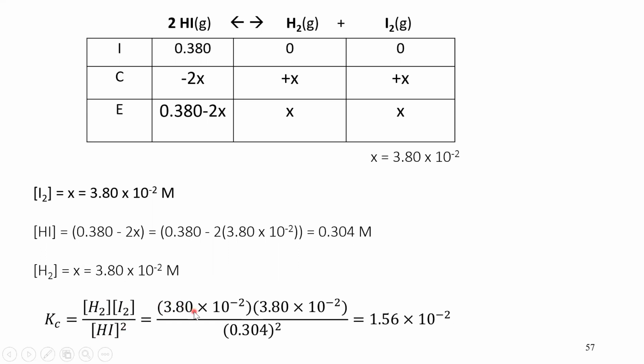So 3.80 times 10 to the minus 2 times 3.80 times 10 to the minus 2 divided by 0.304 squared. And that gives us a K value of 1.56 times 10 to the minus 2. Again, a small K value, which means our reactants are favored, and we didn't produce much product before equilibrium was established.